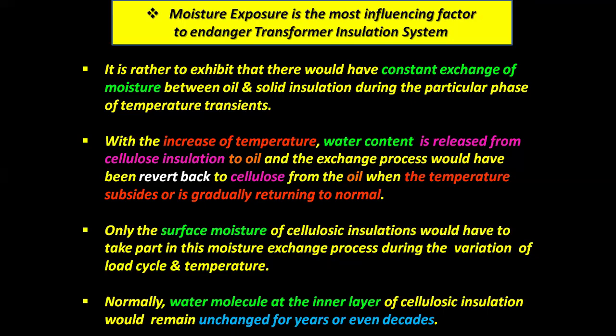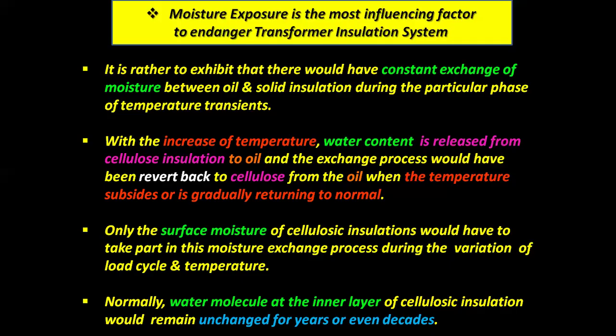With the increase of temperature, water content is released from cellulose insulation to oil, and the exchange process reverts back to cellulose from the oil when the temperature subsides or gradually returns to normal.